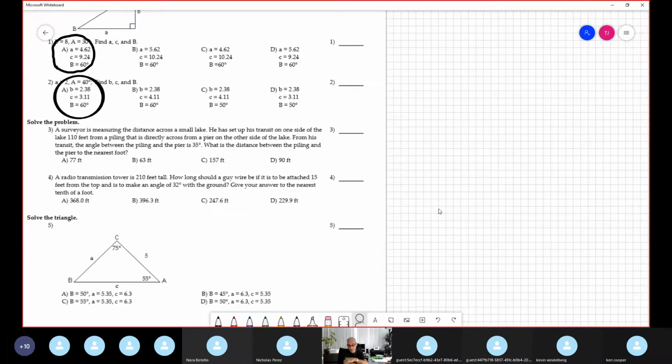Now, remember that we have 3 extra credit word problems in the PowerPoint. Okay, now: a surveyor is measuring the distance across a small lake. Remember, it's extremely important to do a sketch to understand.